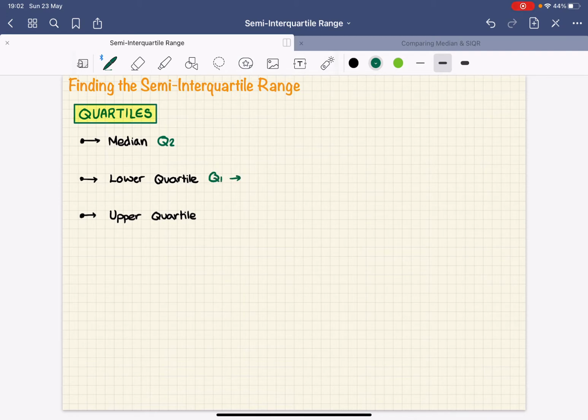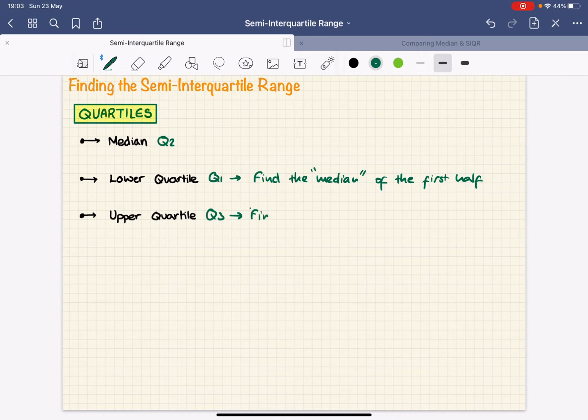The way to find the lower quartile is essentially to find the median of the first half. And you'll see what I mean in a second. Then our upper quartile, that's our Q3, and it's the same idea.